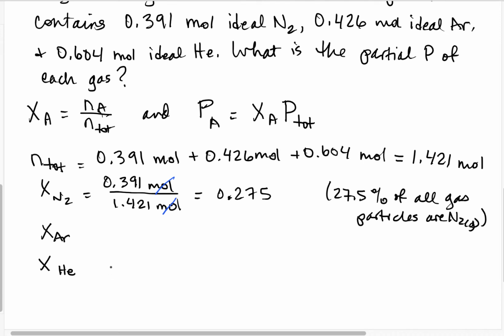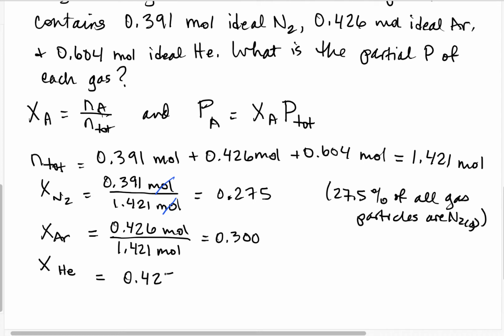All right, hopefully, since we have 0.426 moles of argon, you got 0.300. Please make sure to keep 3 significant digits for the argon. And for the helium, I got 0.425.